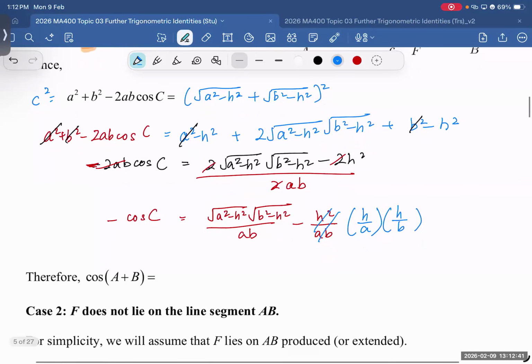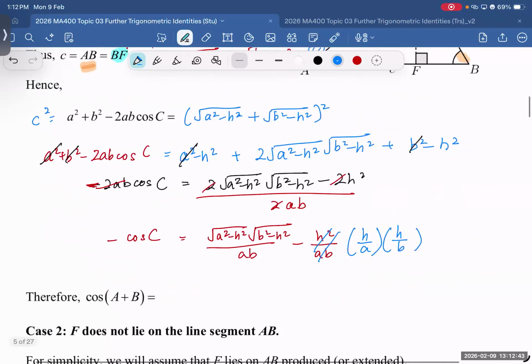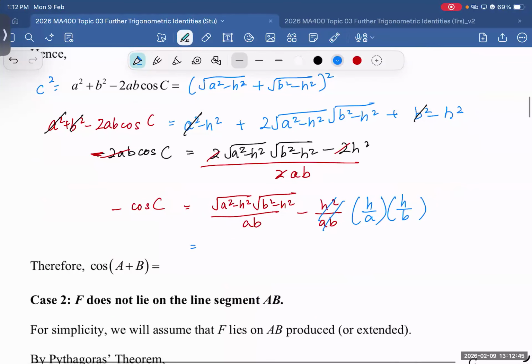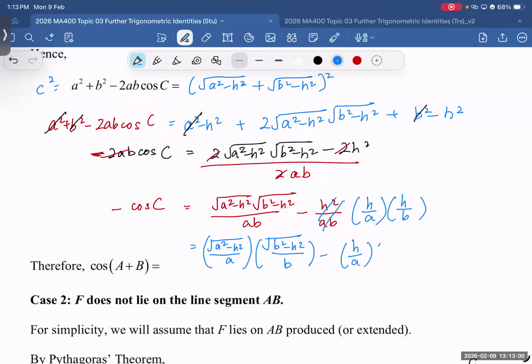What is negative cosine C if you look at this? Okay, so now can I say that it's A squared minus H squared over A multiplied by square root B squared minus H squared over B, minus H over A times H over B. Can I say that?